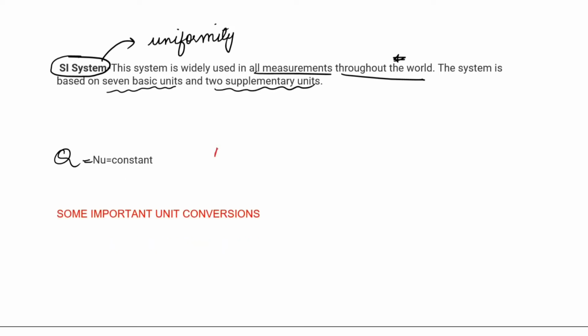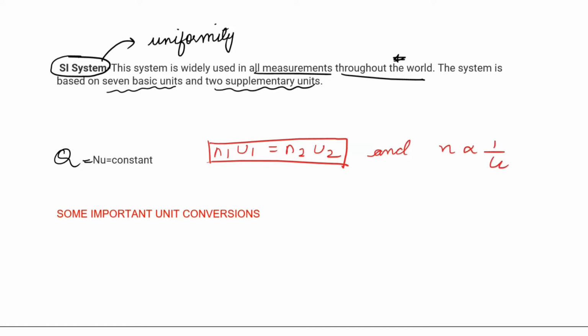Here you can observe kg is a bigger unit than gram, but look at the numerical value accompanying the unit. It's 1 for kg, much smaller than the numerical value accompanying grams, which is 1000. So as the numerical value increases, the unit decreases.